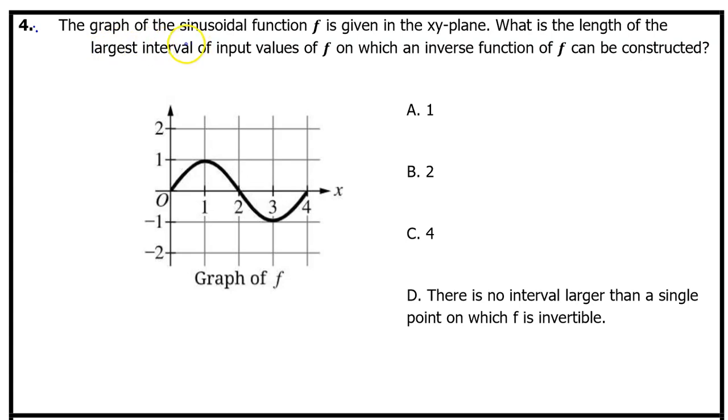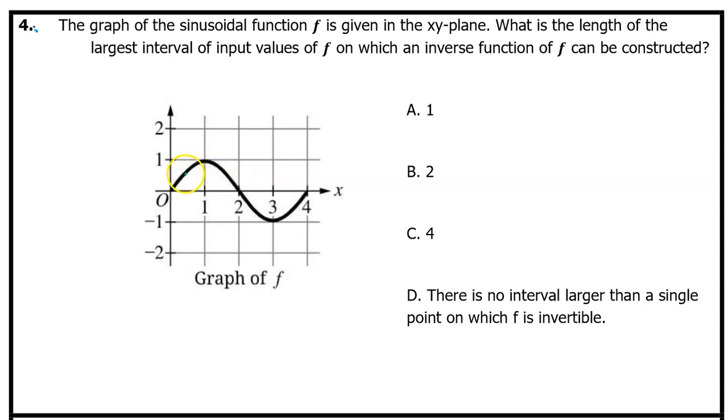Number 4. The graph of the sinusoidal function f is given in the xy plane. What is the length of the largest interval of input values of f on which an inverse function of f can be constructed? Remember that you cannot construct an inverse function on an interval where the output values repeat.